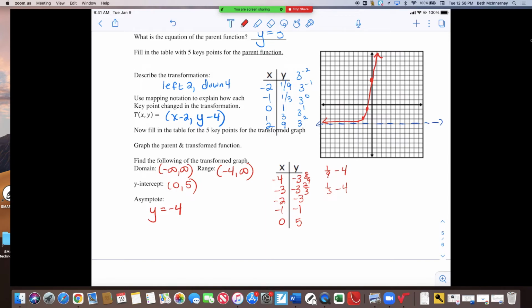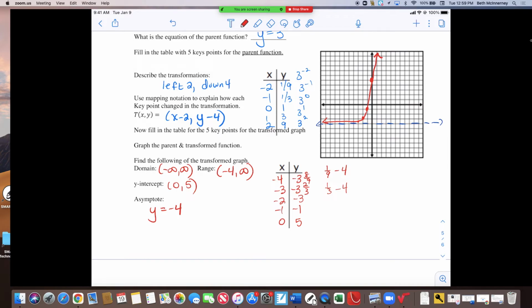Yeah, good job. A reflection over the x-axis, which is going to lead me to my next example. All right, questions on this one. The left, right, the up, down, my horizontal asymptote. Any questions? Anything you need to clarify in your mind?